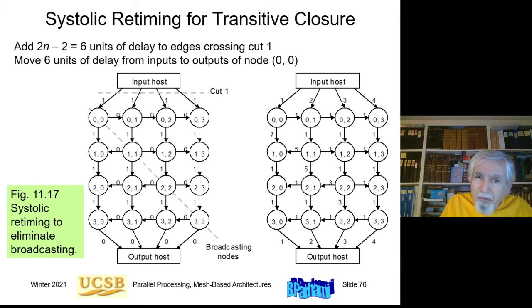Okay, and if you apply this retiming lemma repeatedly, you get this retimed circuit in which no 0 delays exist. So for example, in going from here to here, there's 7 units of delay, and also through this path, 1 plus 1 plus 5 is 7.